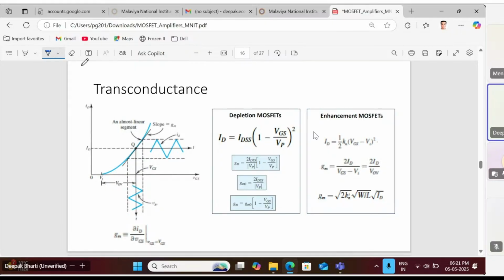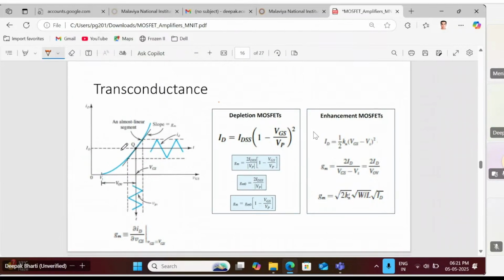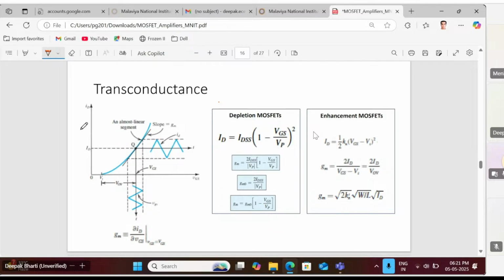Let's say this particular graph shows the transfer curve, that is ID versus VGS. From 0 to VT it is 0, and from VT it follows this particular characteristic, that is the transfer characteristics.